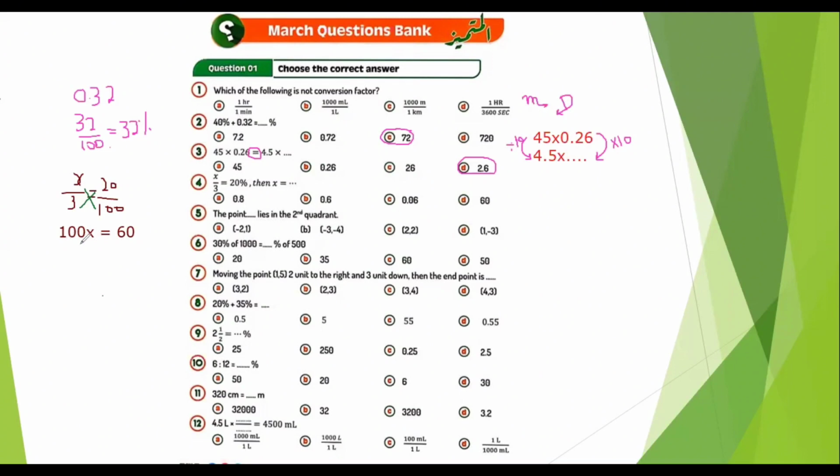To get the value of X, we divide 100x by 100 and also divide 60 by 100. Now we can cancel 100 with 100. So the value of X is 60 out of 100 or 0.60, and 0.60 means 0.6. So the answer is B.